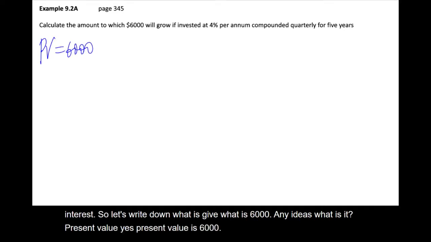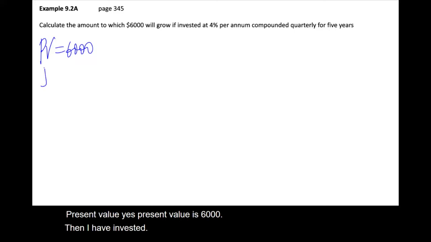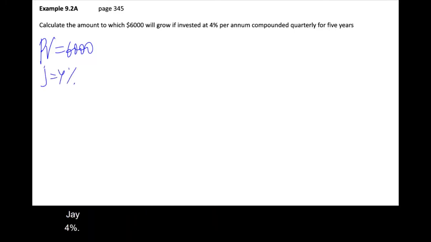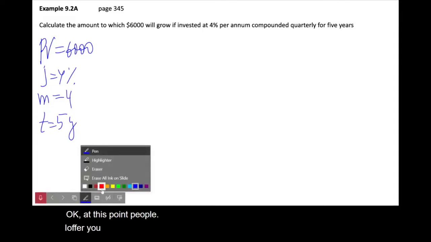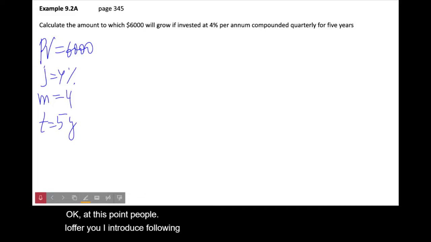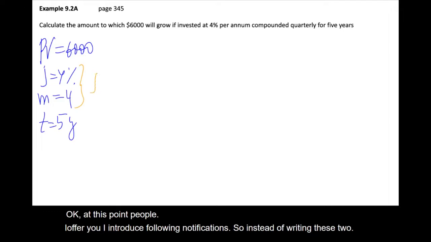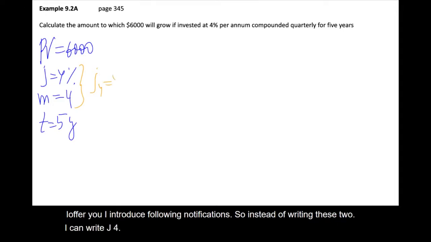Then I have invested J 4% compounded quarterly. M is 4. T is 5 years. At this point, people, I introduce the following notation. So instead of writing this, I can write J4 is 4%.